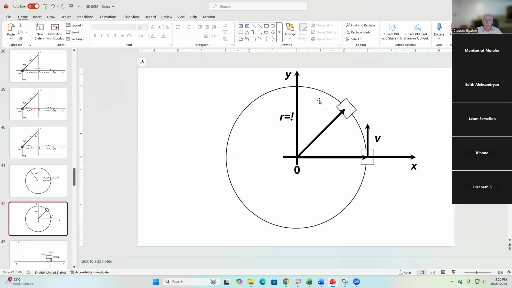In order for the car to stay in this curve, there must be a centripetal force that will ensure that it will not slide away from the curve. And we have to identify what this centripetal force is.